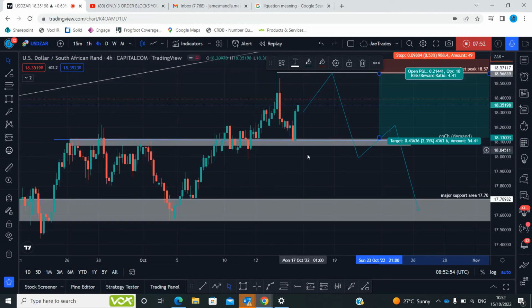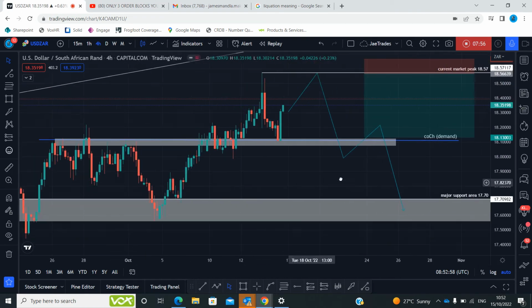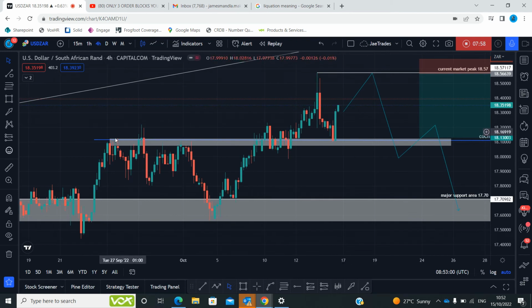If you look at the structure of the market, it's really a structure that is not so complicated to break. You could see here that the market did create a supply level, right? Came back, retested it, broke it, created a high. So the market was pushing, creating a continuation of a bullish market, right? So the structure was being respected.